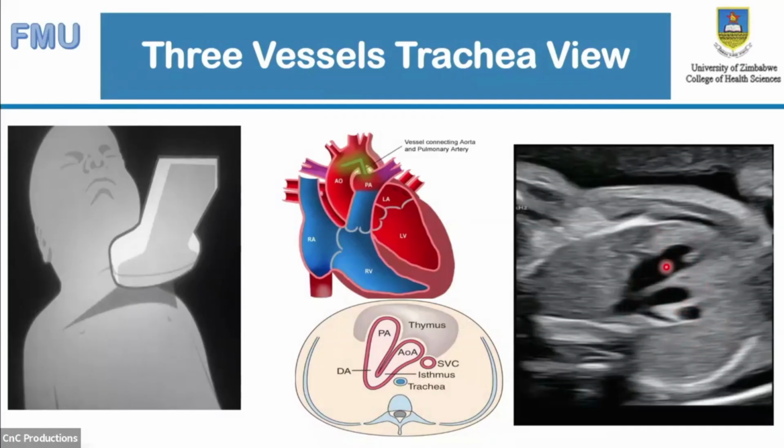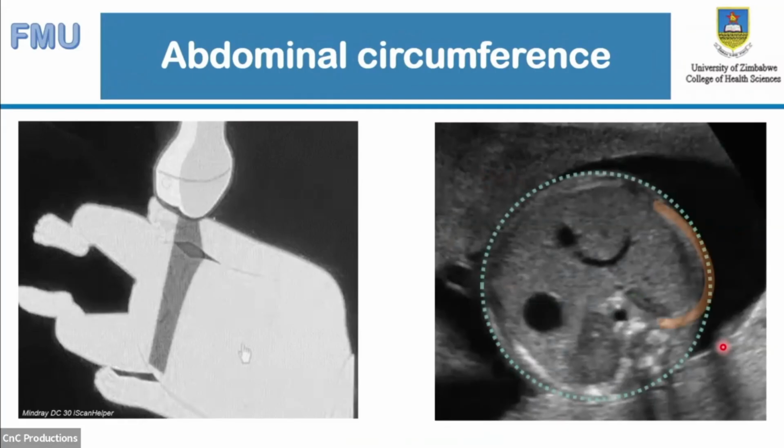In terms of size, the biggest will be the main pulmonary trunk, followed by the aorta, and then the superior vena cava. Then direction of flow: the direction of flow within the ductus arteriosus and the aorta should be in the same direction. But for the superior vena cava, because it's coming to the heart, it should be in the opposite direction. So that's for assessment of the fetal heart.